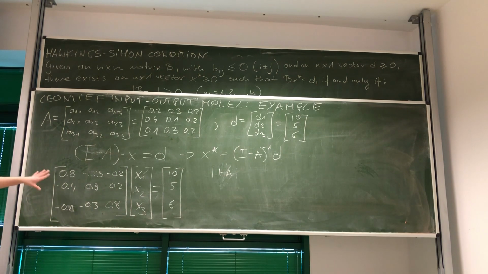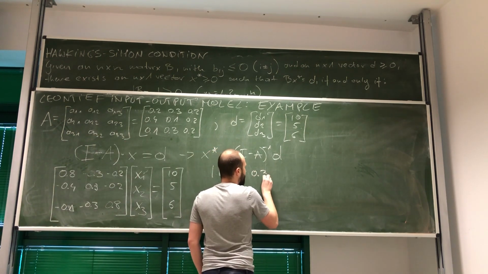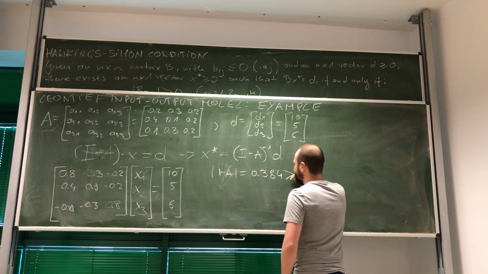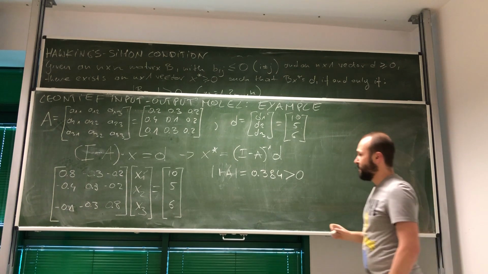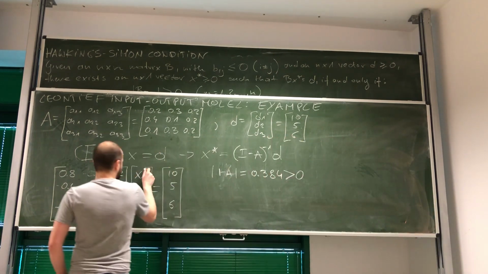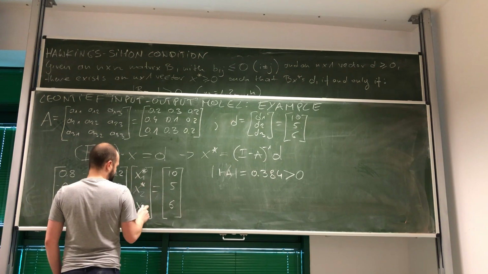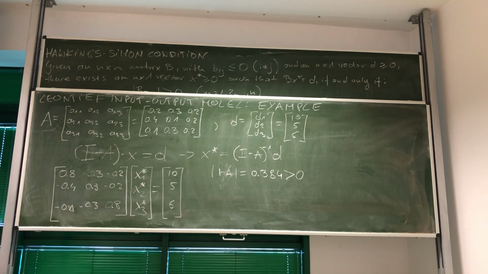In this particular case, the value of the determinant is equal to 0.384. This is definitely bigger than 0 and different than 0. So we know that the solutions exist.